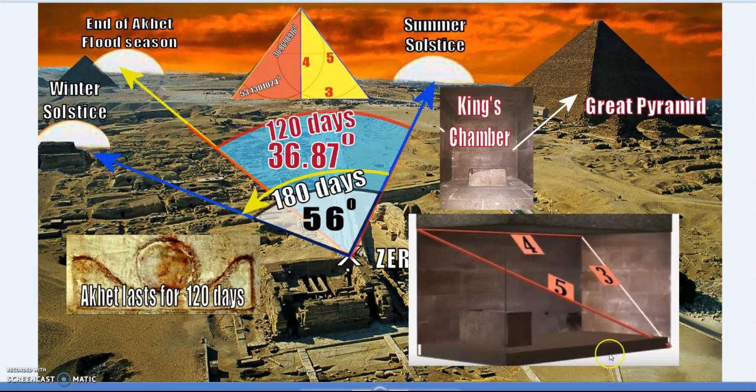But the King's Chamber. Now, the perimeter of the King's Chamber contains so much info. This is more than just a square box. It contains so much info, which is also reflected on the outside of a pyramid, both in proportion and in measurement.